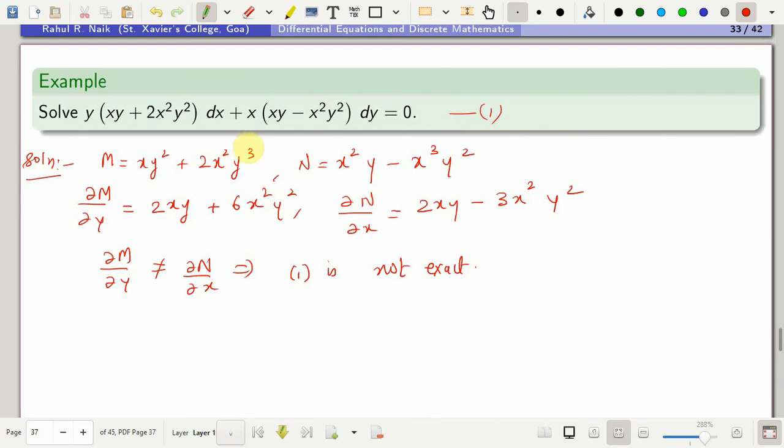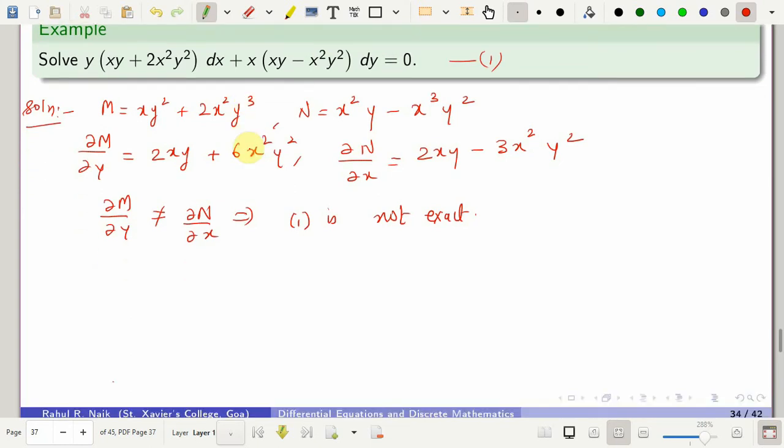But as of now, we will see whether this can be rewritten in the form x raised to a, y raised to b into (y dx plus x dy) plus x raised to a prime, y raised to b prime into (m prime y dx plus n prime x dy) equal to 0. I missed that m and n in the first expression anyway.